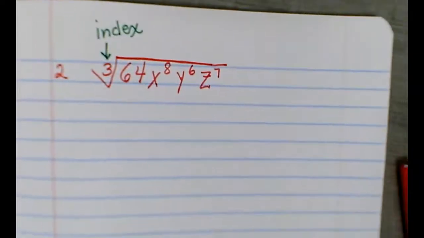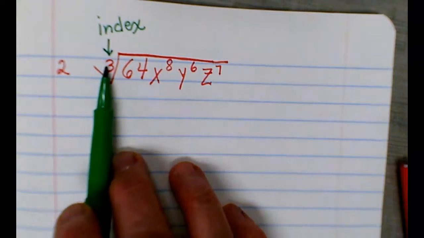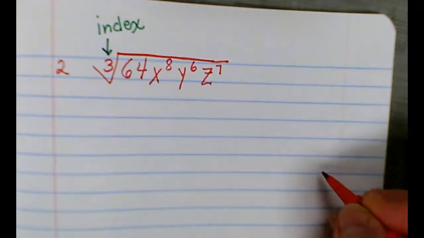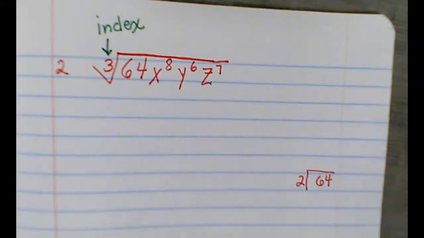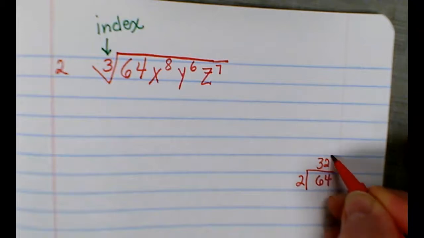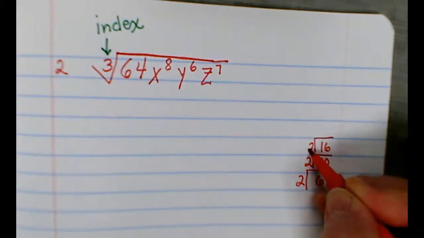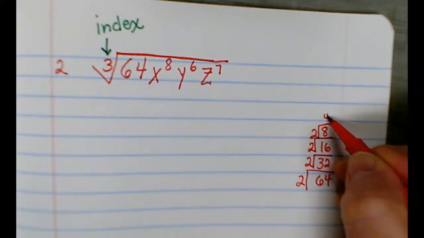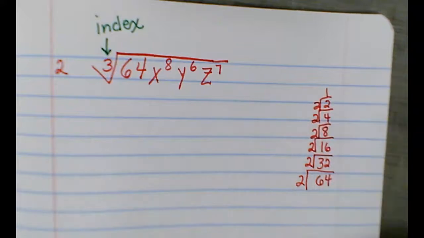Well, if you know the birthday cake, it is very easy to transition to a cubed root because you start it exactly the same way. How do you start a birthday cake? Divide by 2. And then you divide by 2, and then you divide by 2, and then you divide by 2. This has a lot of divide by 2's, doesn't it?